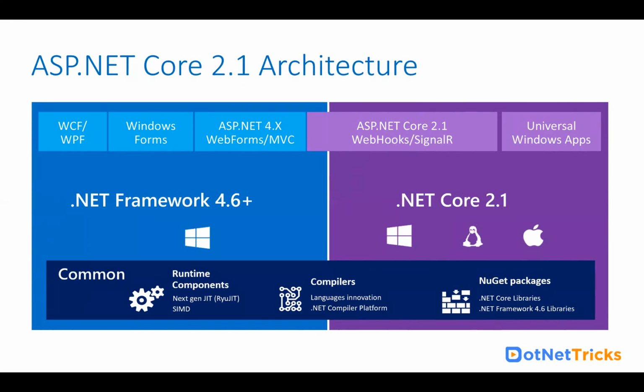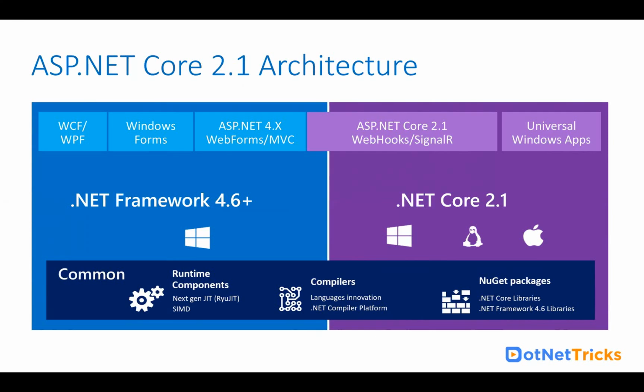On top of 4.x, we can develop WCF, WPF, Windows Forms, ASP.NET 4.5 Web Forms, and MVC based applications. And here the ASP.NET Core 2.1 application as well as WebHooks and SignalR. We can develop here either on top of .NET Framework 4.x, or on top of .NET Core 2.1.